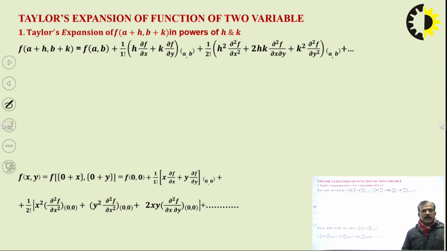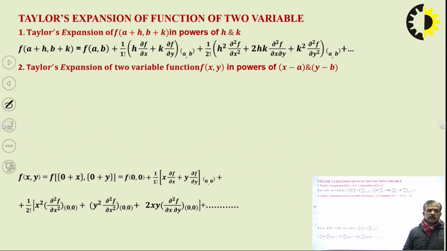So, the required expansion of f of a plus h comma b plus k is f of a comma b plus 1 upon 1 factorial into h into del f over del x plus k into del f over del y, with the values of these two derivatives del f over del x, del f over del y at x equal to a and y equal to b.